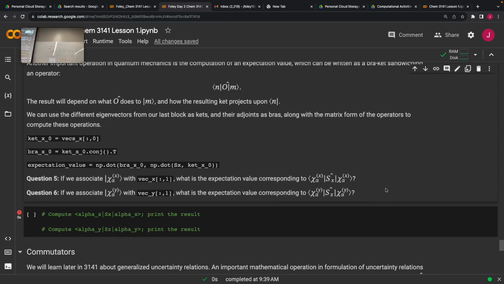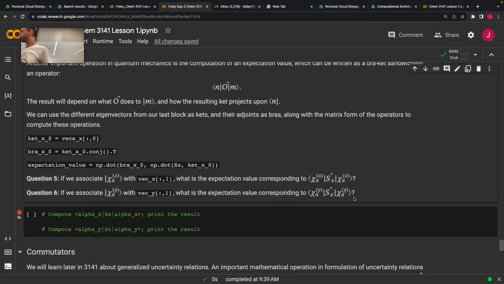We have ket X from the eigenvectors of Sx, and we're calling the kets of Sz something different, and the kets of Sy something different. So any questions about that? That last piece might be a little confusing.